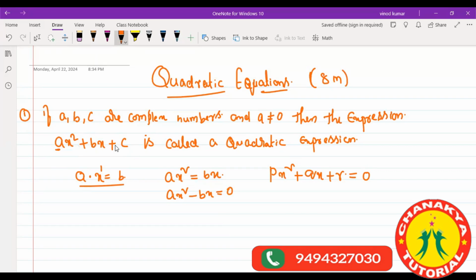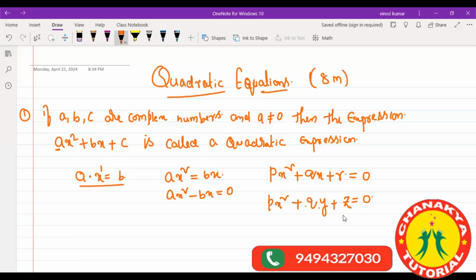Quadratic expression means an expression in which the highest degree of the variable is 2. Next, px square plus qy plus z equals 0. Here p and q are constants, and x, y, z are variables.